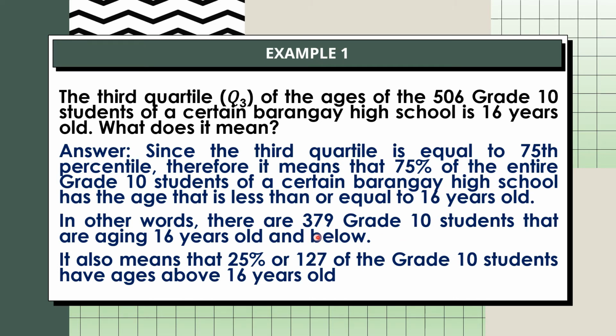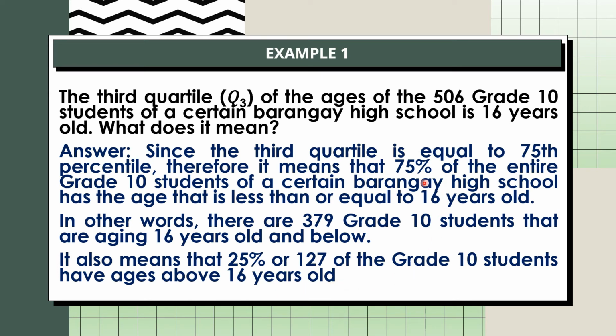So, may decimal point yan. Hindi na lang tayo nag-round off. It means 379 students is equal to 75% of 506 students. And it also means that 25% or 127 of the grade 10 students have ages above 16 years old.